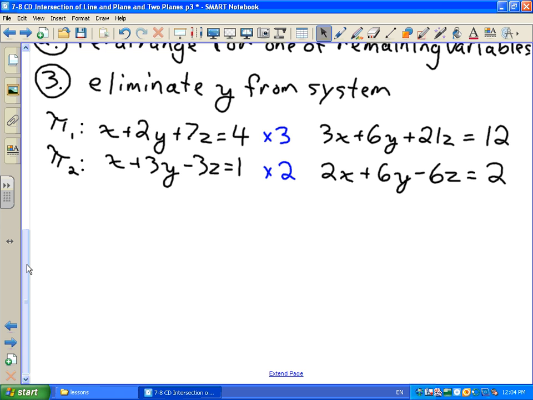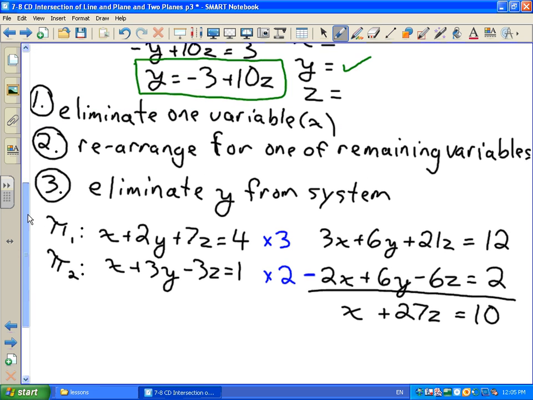And of course, we are subtracting these two equations. So that eliminates y. We get 3x minus 2x is just x. 21z minus negative 6z is 27z. And 12 minus 2 is 10. Okay.